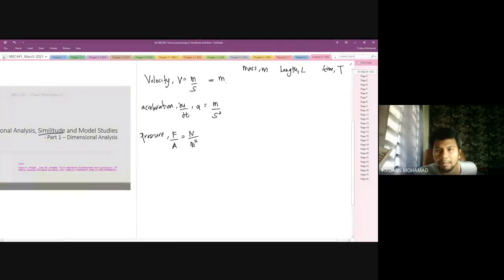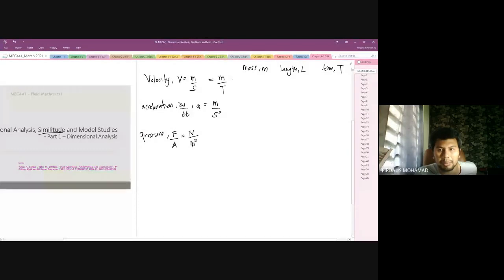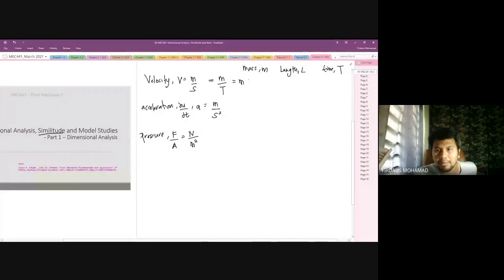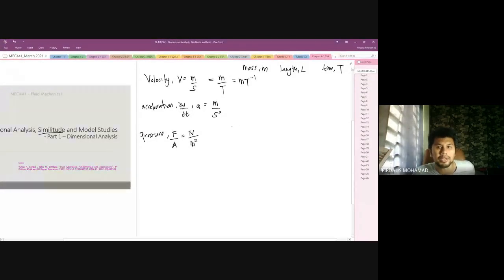So it is M over time, or MT minus 1. This is applying the dimensional to the similitude analysis. We will be using this to come out with the parameters, or the equation, before we proceed to the experiment or simulation.